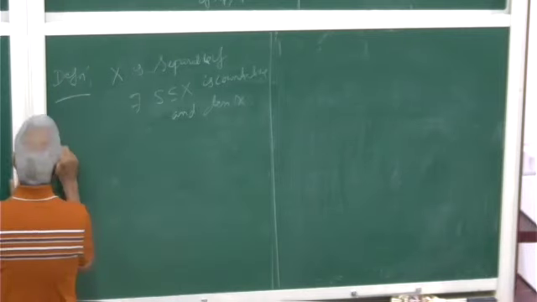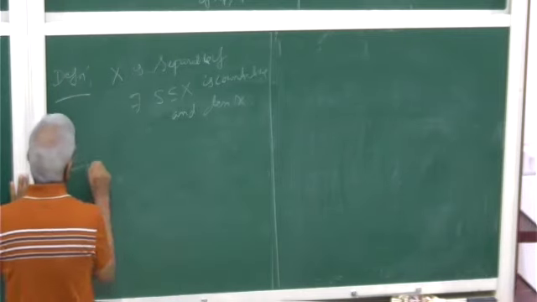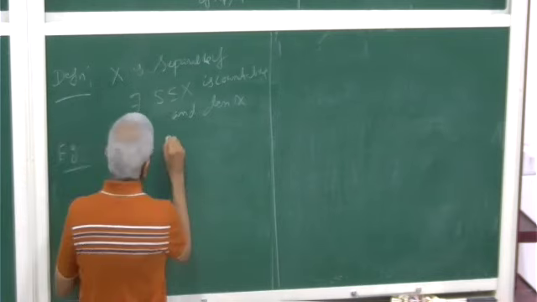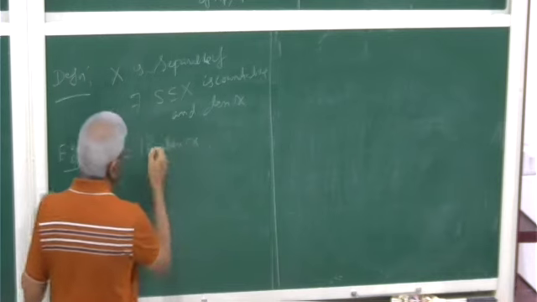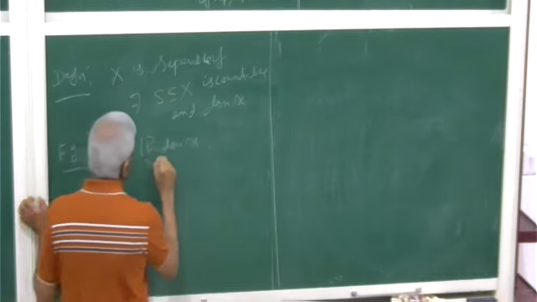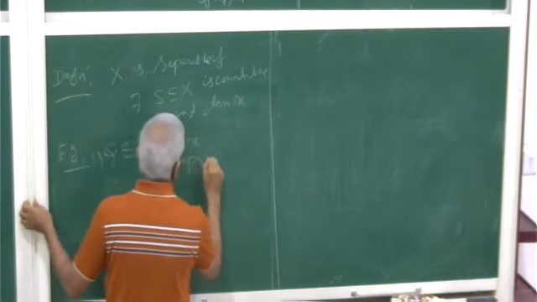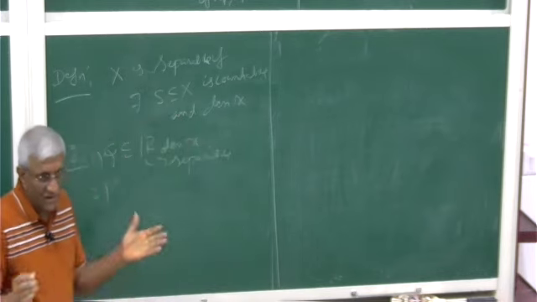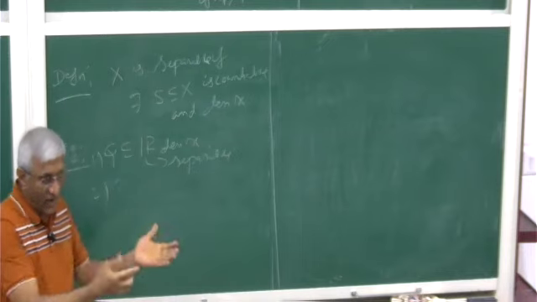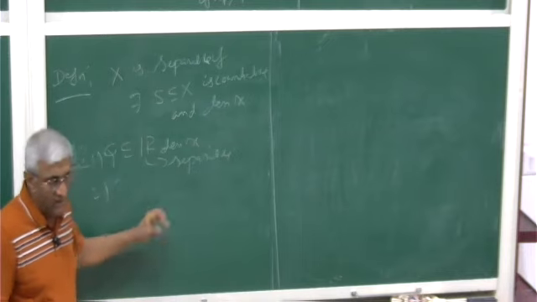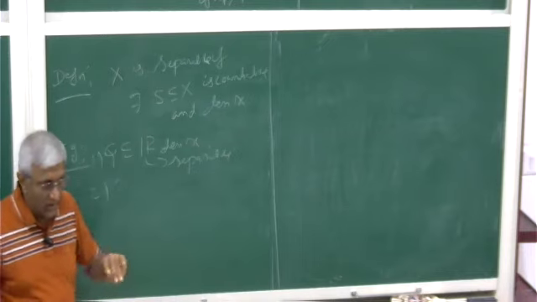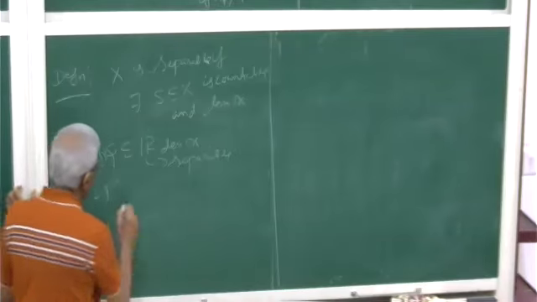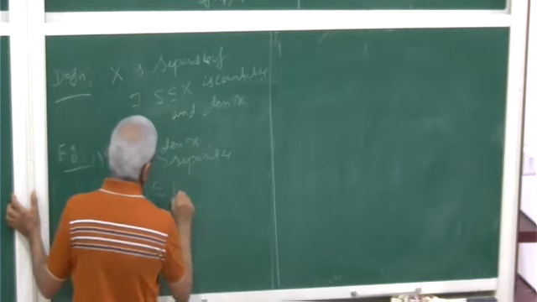Then an example: Q is contained in R, which is dense. So R is separable. And a finite product of countable sets is countable, right? If you have S1 cross S2 cross and so on, that is countable, which you know. So Qn is contained in Rn.